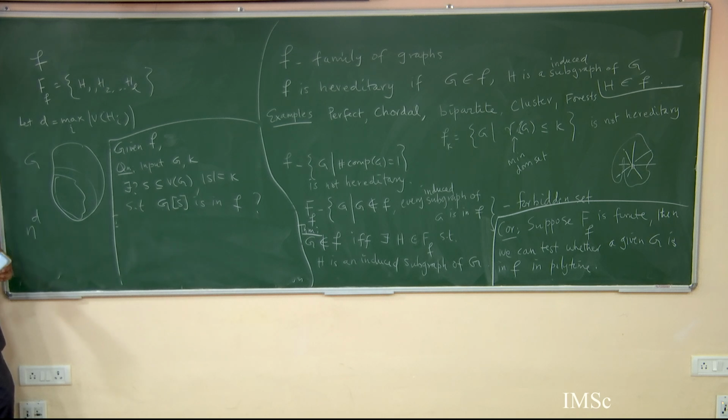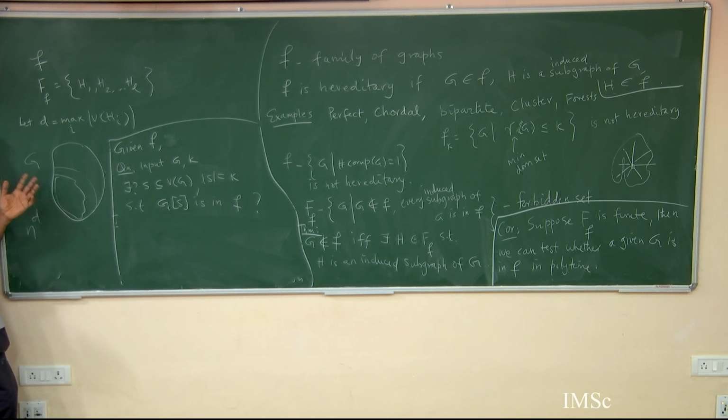For example, if F is the family of edgeless graphs, then this is the independent set problem, which we know is W[1]-hard. I could also pick F as the family of cliques, then this is the clique problem.